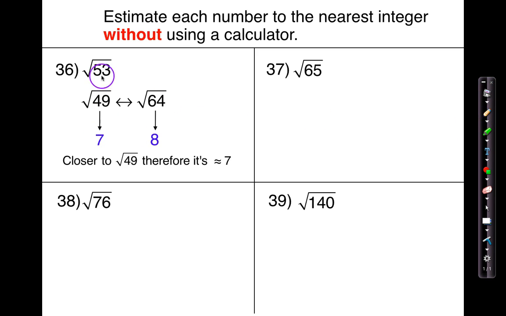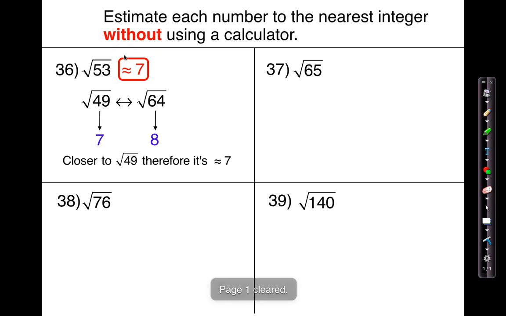How did I know that? Again, if you want to find the difference between the two, I would say from 7, it's about 4 apart. And then to the 8, I would say it's about, let's see, 64 minus 53, 11 apart. Okay, so that's how you would check it.